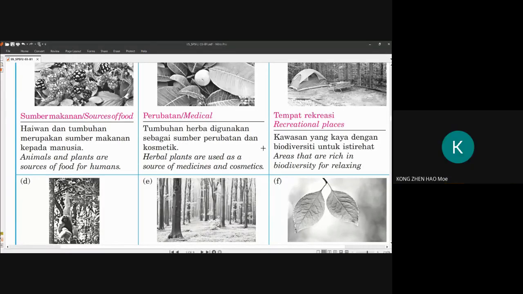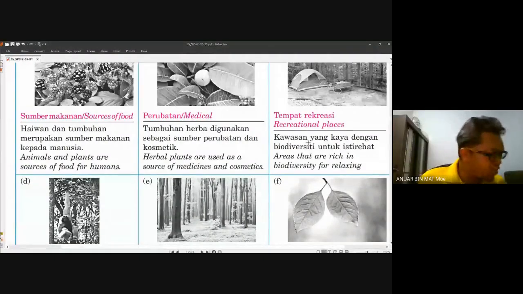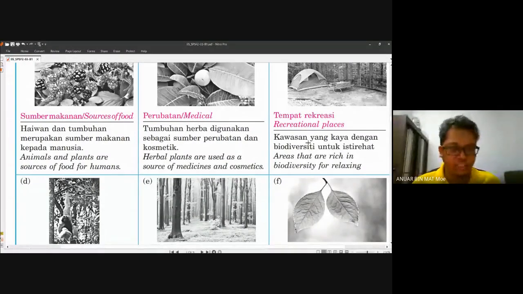Yes, correct. Please turn off your mic. You already answered. Good, thank you. So 2D is ecotourism and education. Ecotourism means tourism and research purposes.